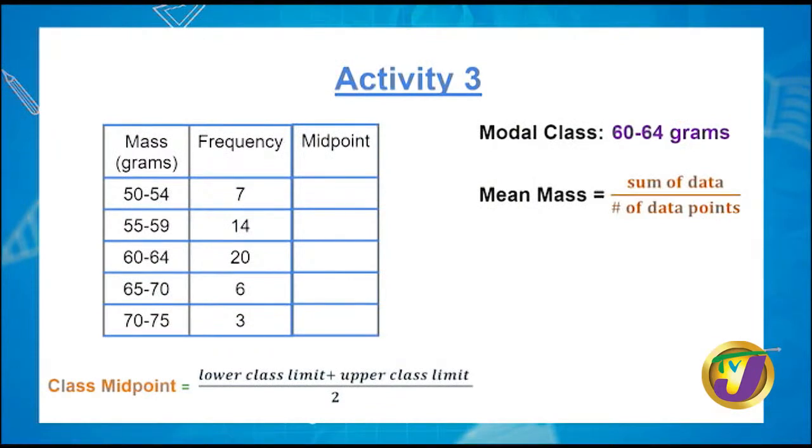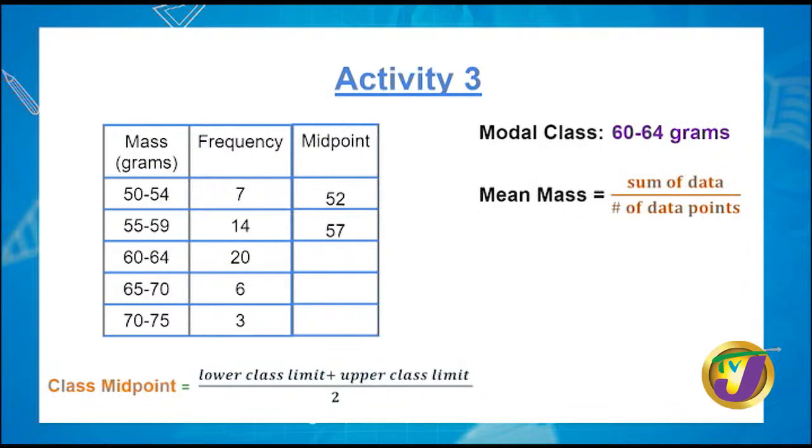So for the first class, our midpoint would be 50 plus 54 divided by 2, right, Tyrone? Yes, that would be 52. And for the second class, we have 55 plus 59 divided by 2, which is 57. Tyrone, you're bright, man.